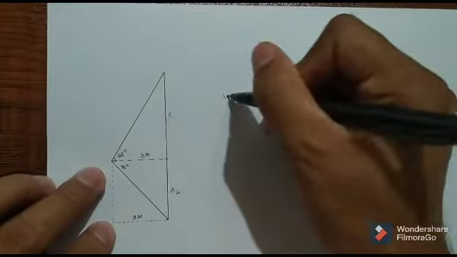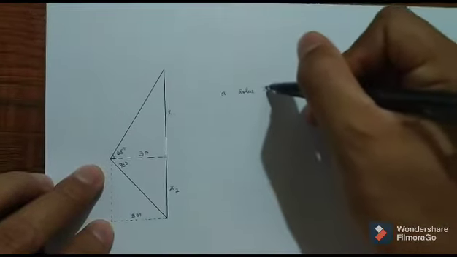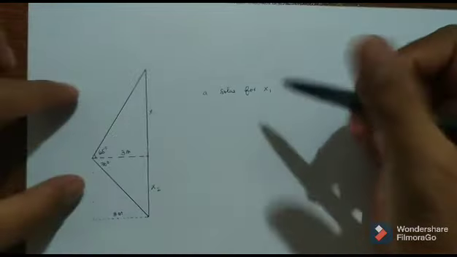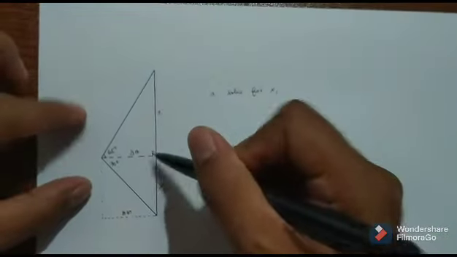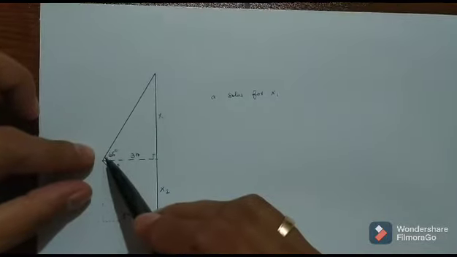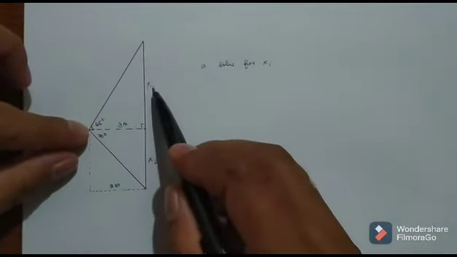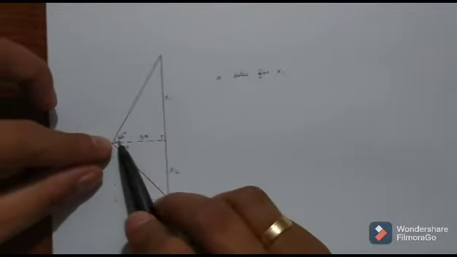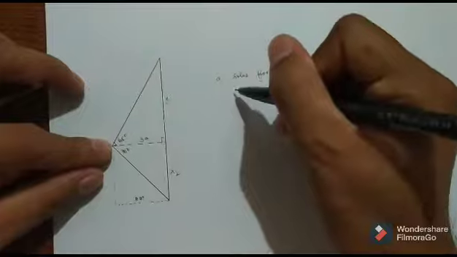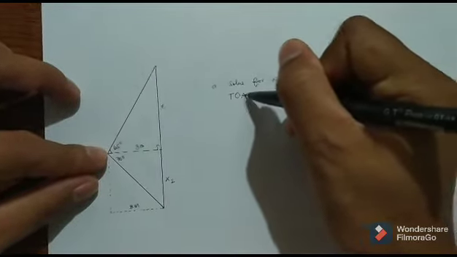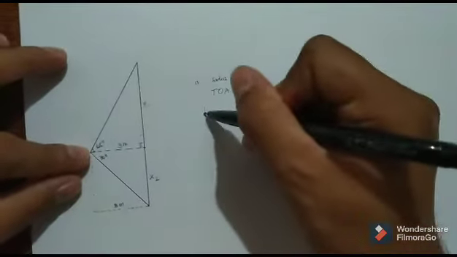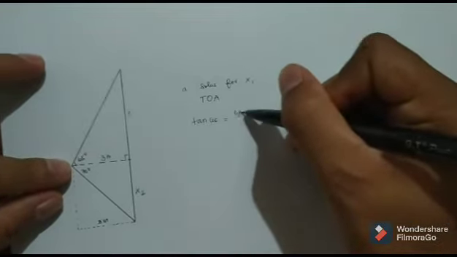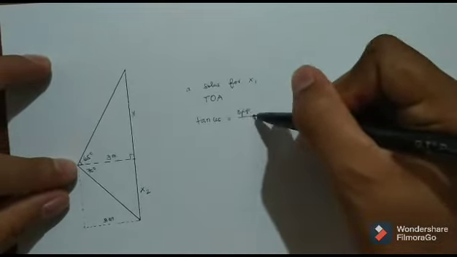Okay, let us solve for x sub 1. To solve for x sub 1, remember this is a right angle. Given that this 65 degree angle is opposite to our x sub 1 and the 3 meters is adjacent to that angle, in that case we can apply TOA, which means tangent 65 is equal to the opposite over adjacent.